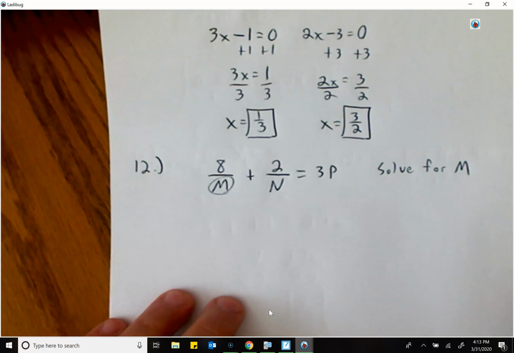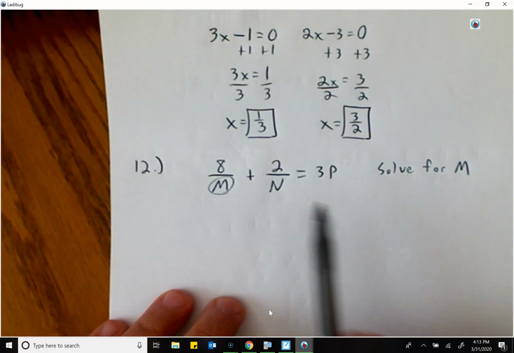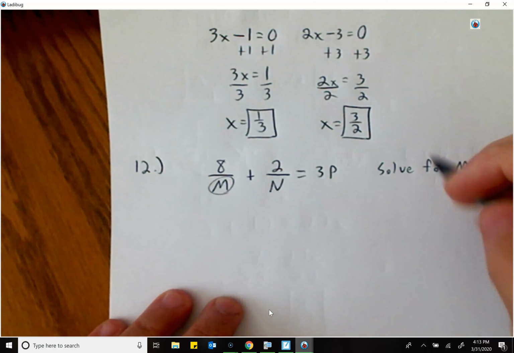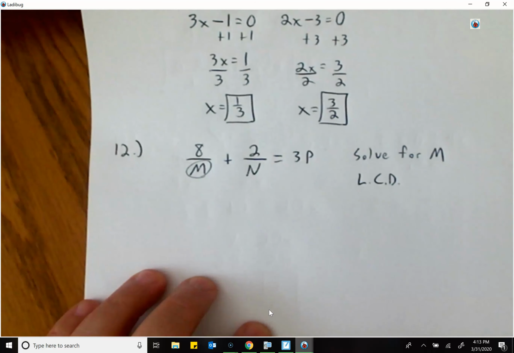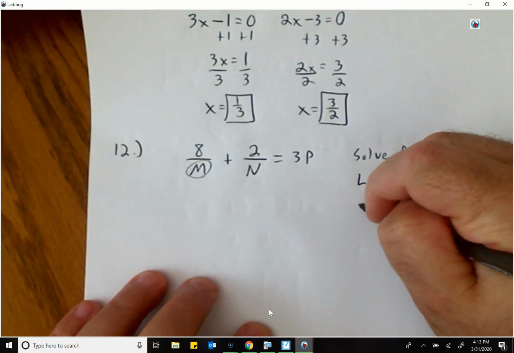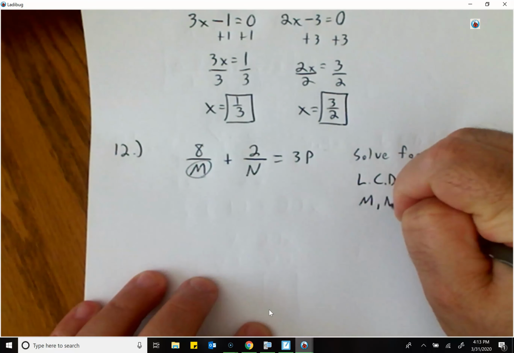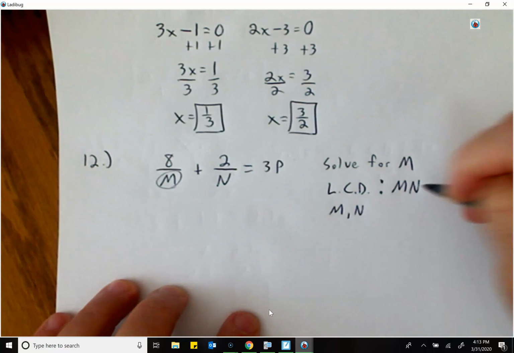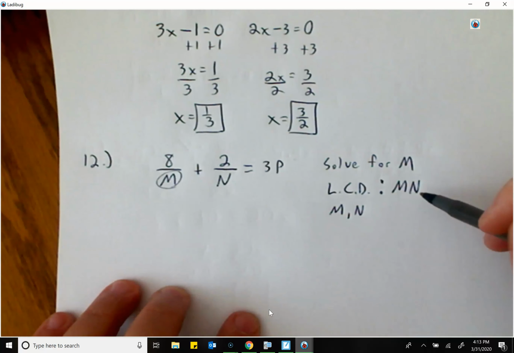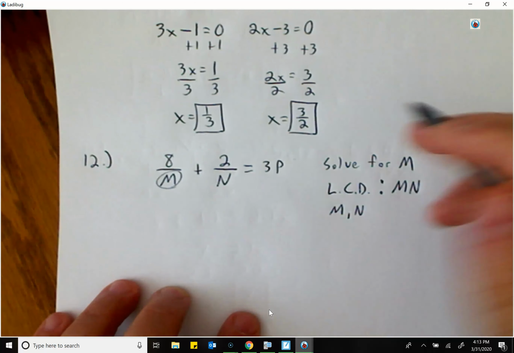In order to do that, just like what we've done before, we've got to get rid of the fractions. So we need to find that LCD. And the LCD for this, since our denominators are m and n, will be made up of both of those. mn. That's our LCD. Everyone's going to get multiplied by mn.